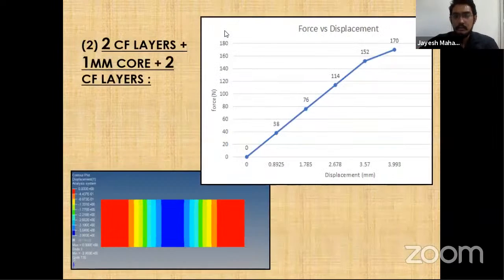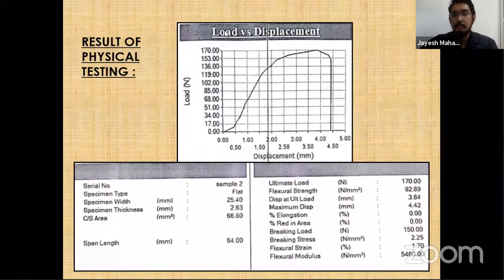The graph is not that matching, but results are quite comparable. So always trust the physical test. It also depends how perfectly you make the sample, because there are a lot of deformities and pinholes, so you might get variable results as well.